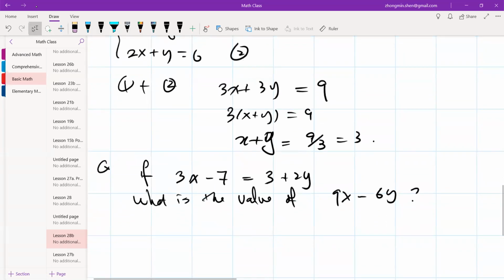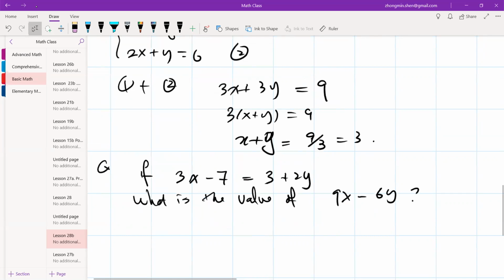So you have two unknowns that satisfy the above equation. They're related by this equation. But with only one equation, you are not able to get the value of x or y. So you cannot use the values of x and y to find the value of 9x minus 6y.